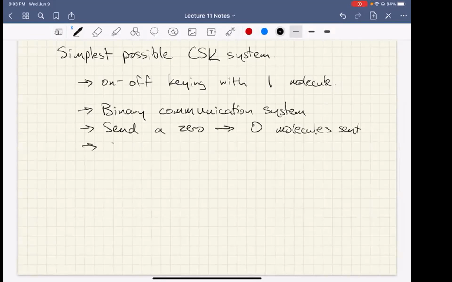If we want to send a 1, then 1 molecule is sent.